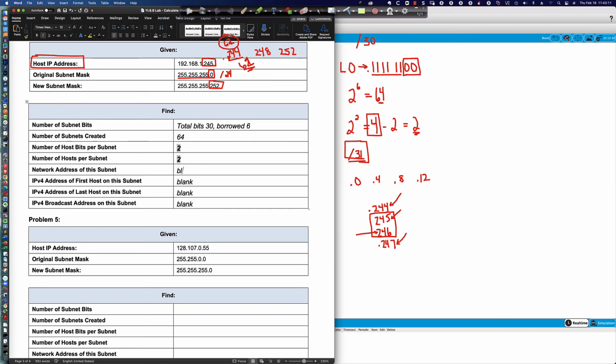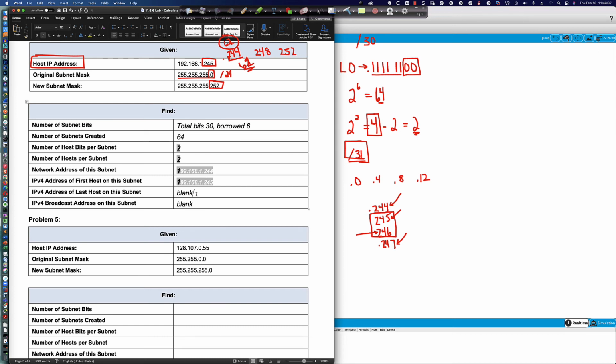And then we've got the network address of this subnet is going to be 192.168.1.244. And 245 is that first usable IP. And the IPv4 address of the first host on this subnet is going to be 192.168.1.245.